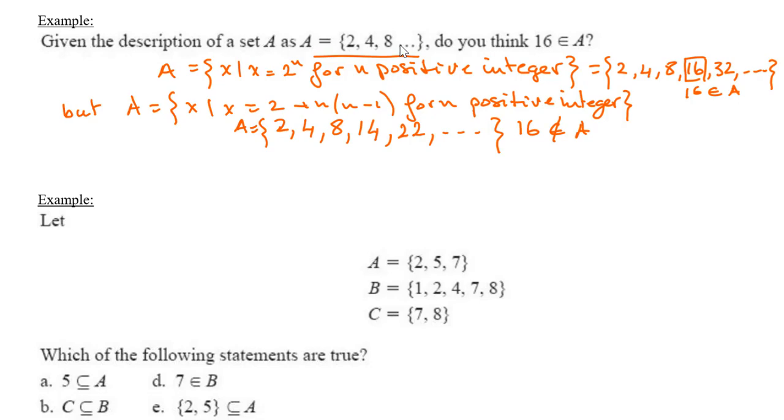So therefore, writing your set descriptively is more appropriate than saying 2, 4, 8, dot dot dot, because sometimes we don't know what it means exactly. 2, 4, 8, what kind of set is that? So to answer the question, do you think 16 belongs to A? It depends on the description of the set, as we see in these two examples.